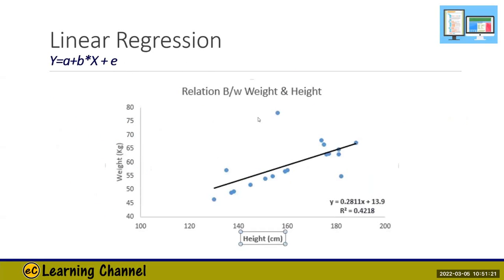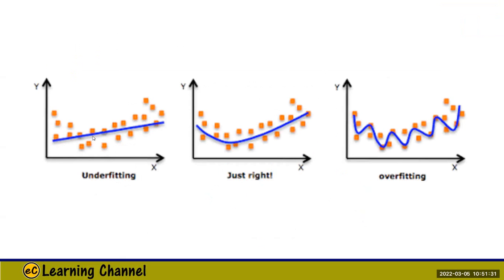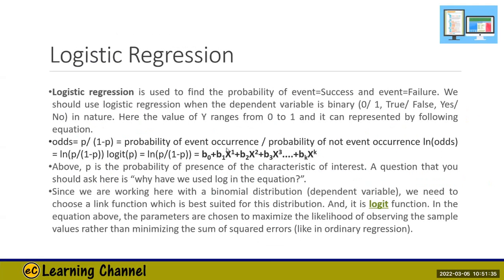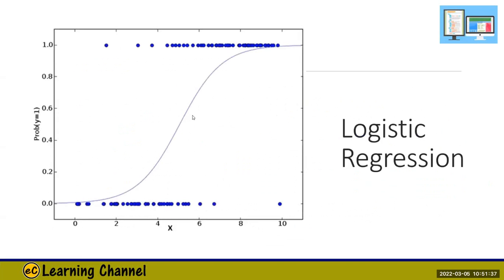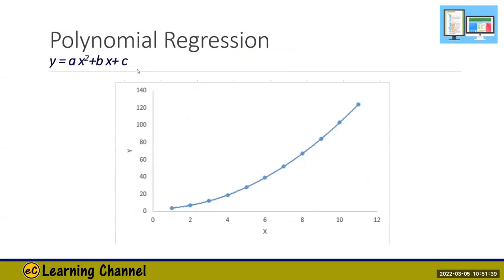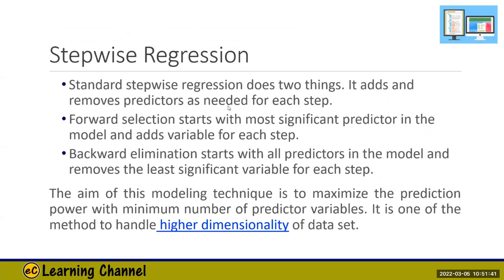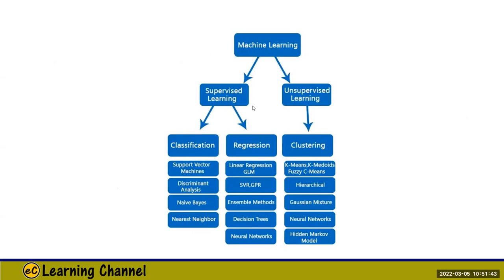Linear regression uses AX plus BY to model it. It uses a line to model it. If linear regression may not fit well, then you can use quadratic regression, third order regression, different types of regression to match the data. We don't go into the different details.